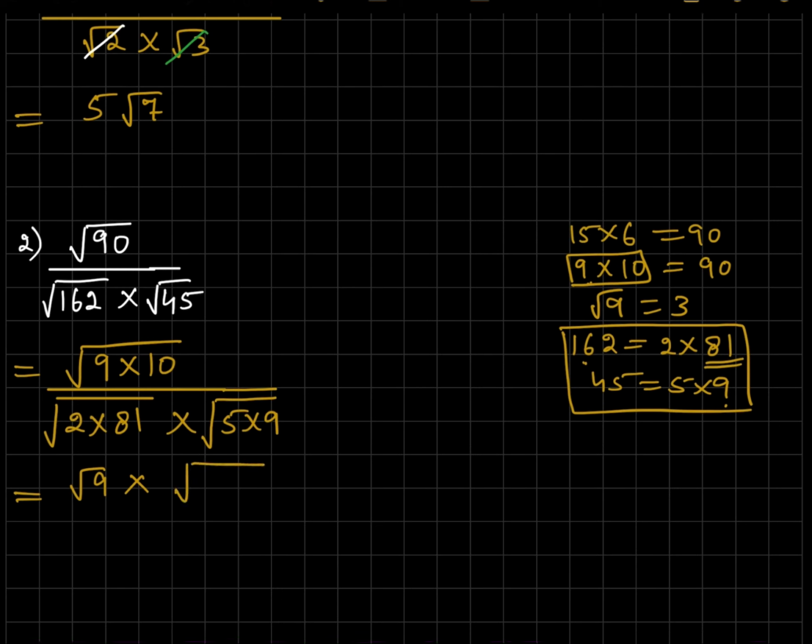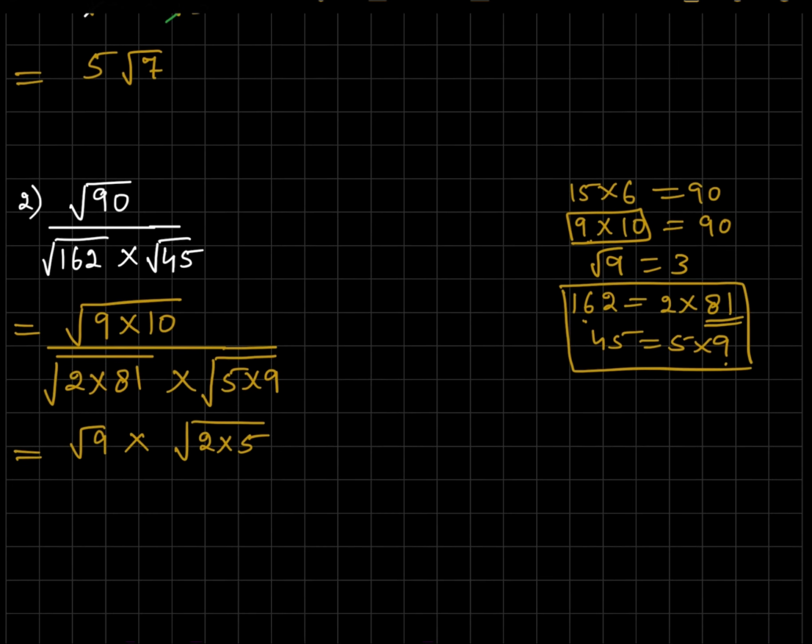We can do it like 2 times 5. And then this is square root of 2, and the square root of 81 is 9, so that can be taken out. Then square root of 5, and square root of 9 is 3. That can be taken out.